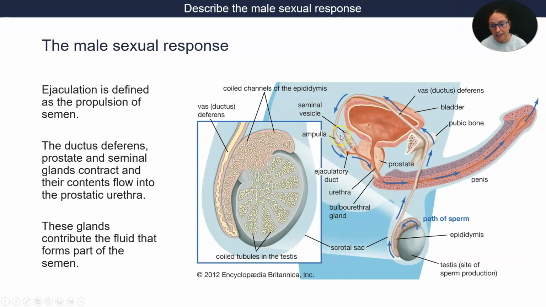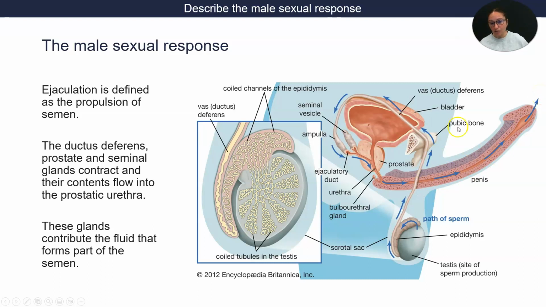We have this gland here, and we also have the prostate gland and this gland here. Those glands will add liquid, the secretions, to the sperm. So the sperm plus the products of those glands is what creates semen. And then that semen is propelled all the way up and out, okay?